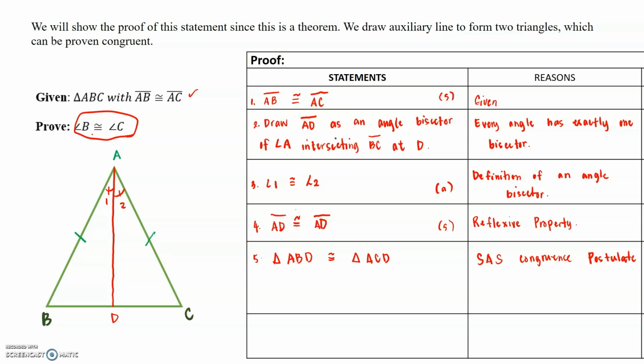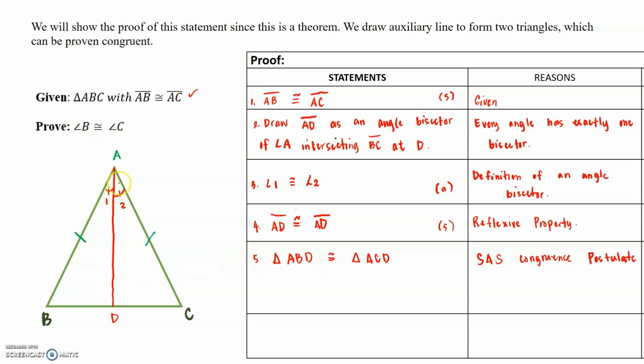What we are going to prove is the congruence of angle B and angle C. But we can use our fifth statement to establish the congruence of angle B and angle C.